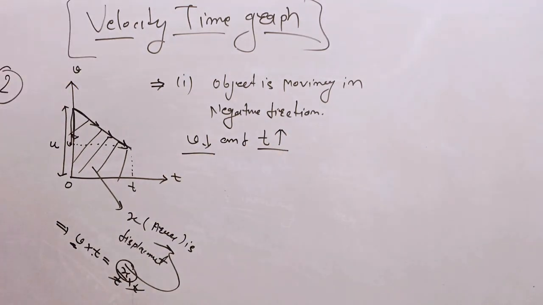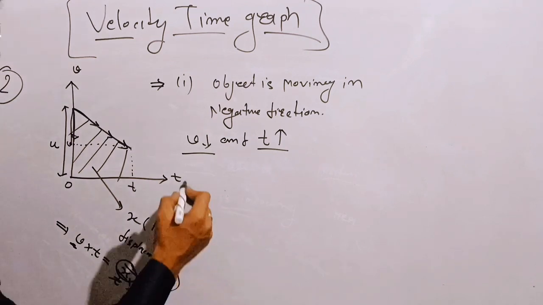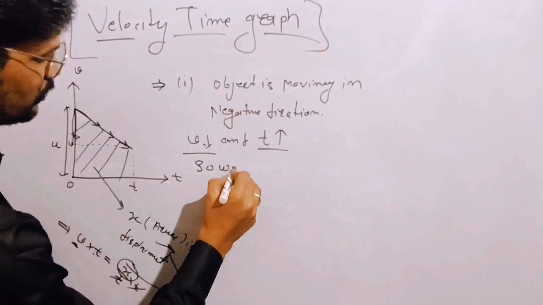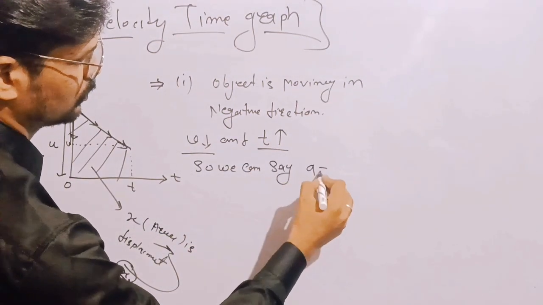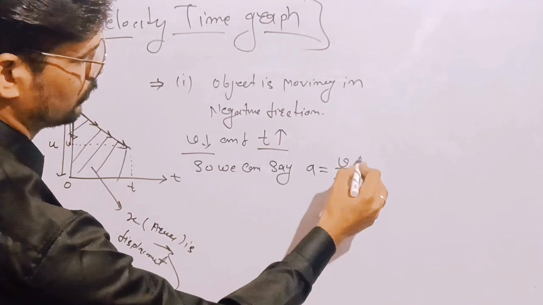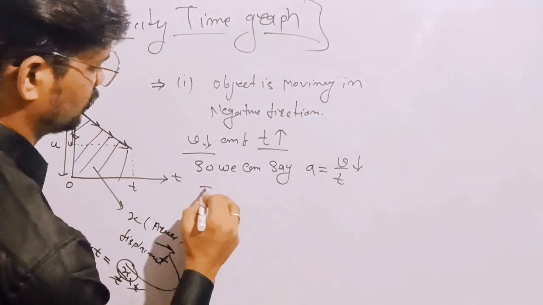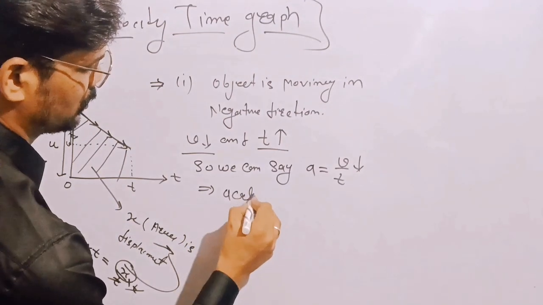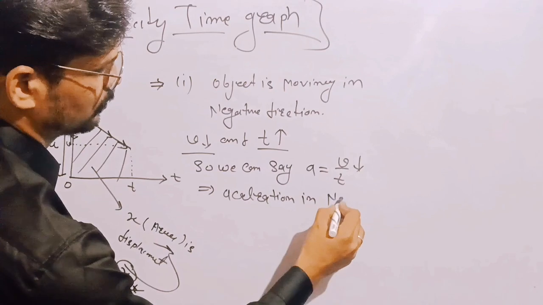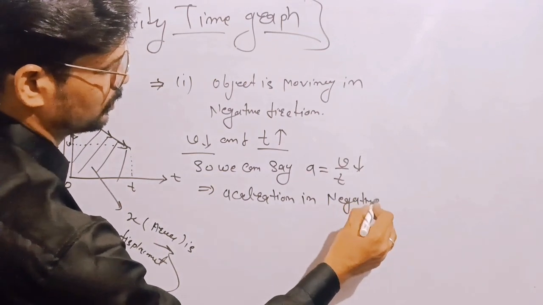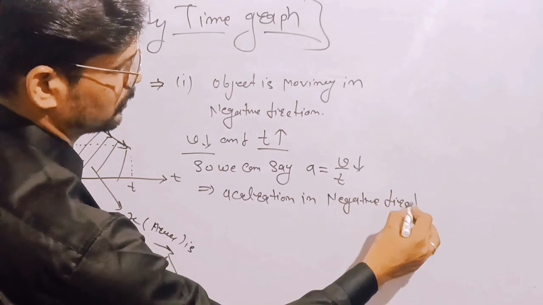So velocity is decreasing and time is also increasing because the time is always positive. So we can say a is equal to v upon t. So velocity is decreasing, then acceleration is also decreasing. So acceleration is in negative direction.